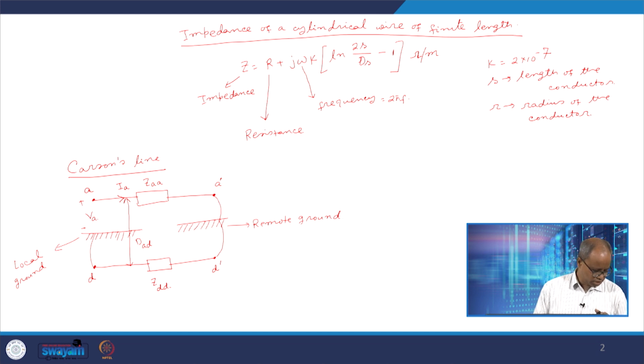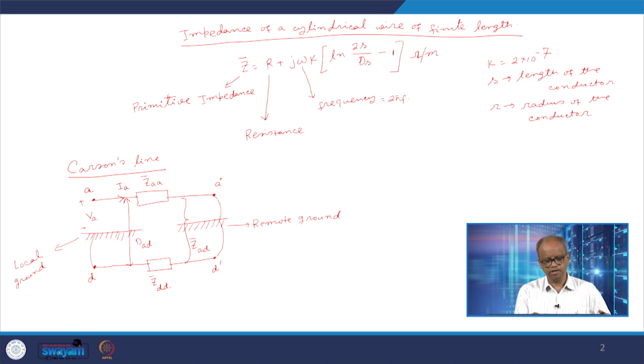And of course, here it is ZAD, the mutual impedance between the conductor AA dash and ZDD. So, this is ZAA, which is called the primitive impedance of the line.